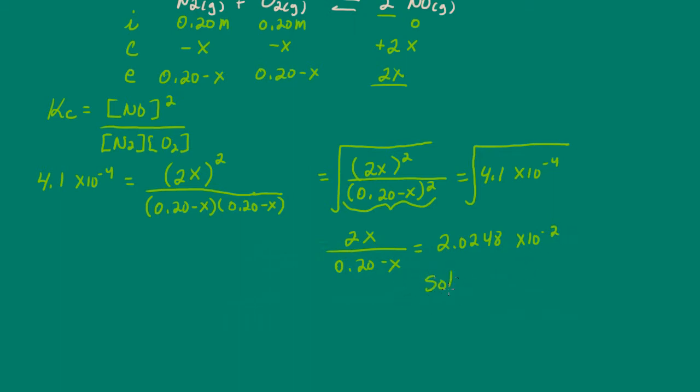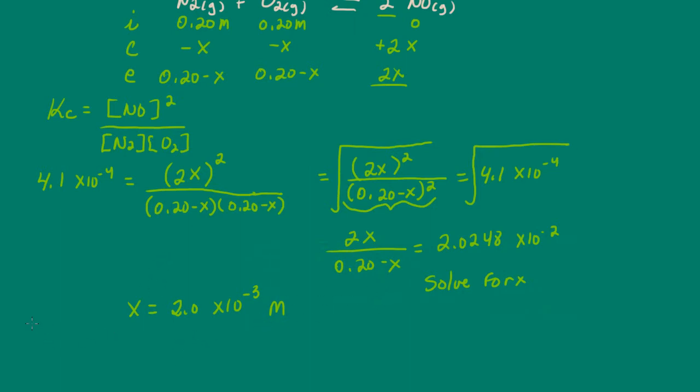So all we need to do now is solve this for x. So x is equal to 2.0 times 10 to the negative 3 molar. Okay, so now we can determine our equilibrium concentrations.